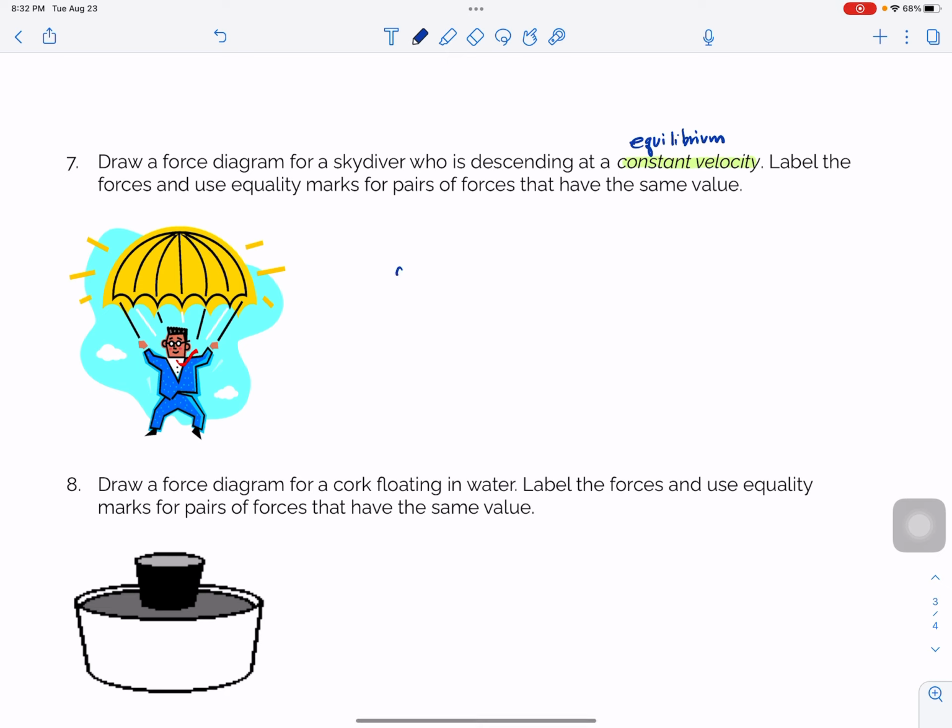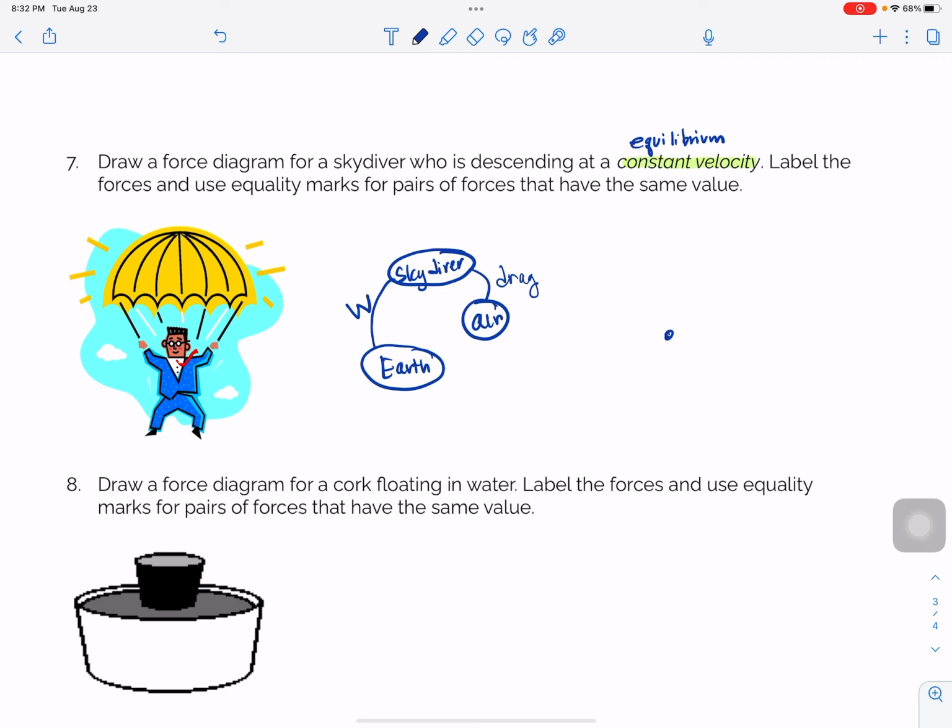And so we're going to have our skydiver, and we're going to have the Earth, and we're going to have the air. So we've got the same schema as before. I've got weight and I've got drag.